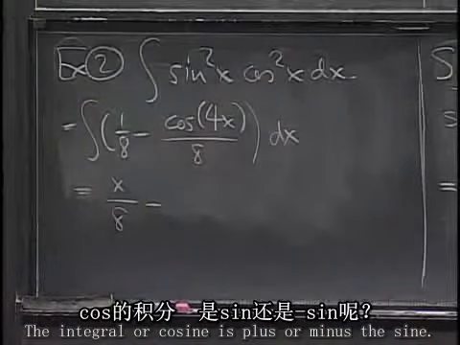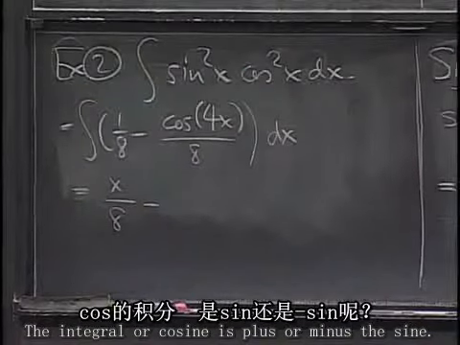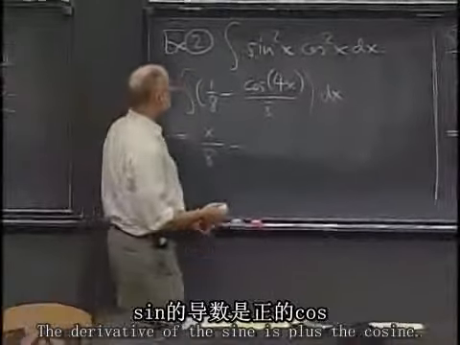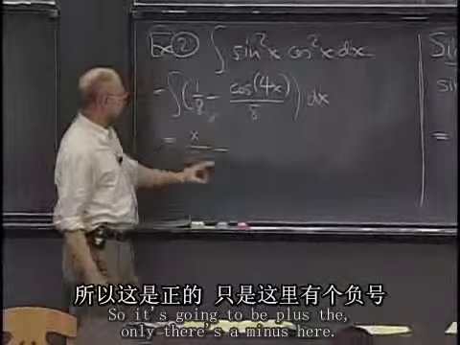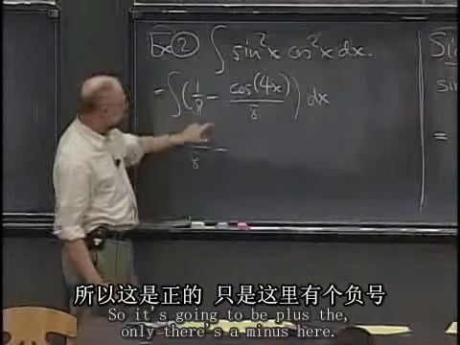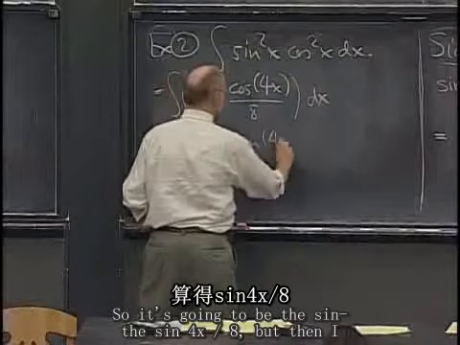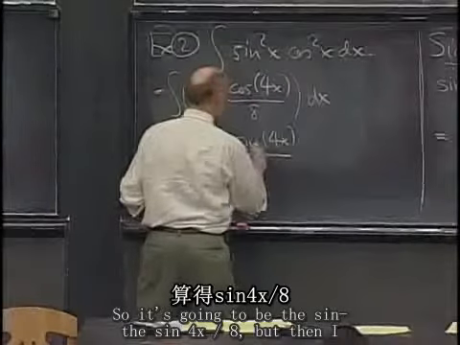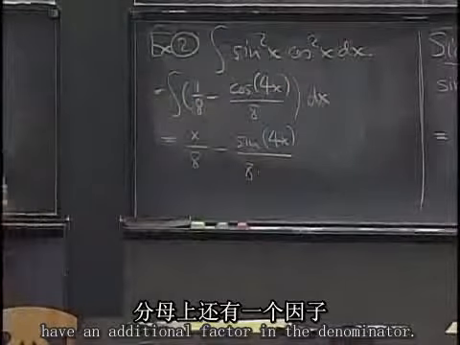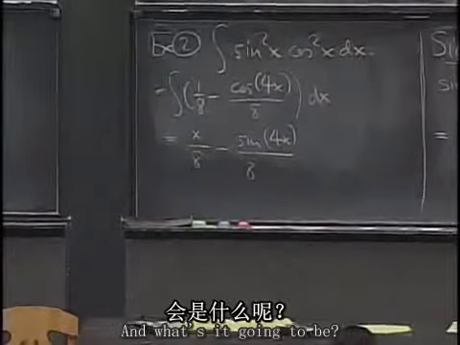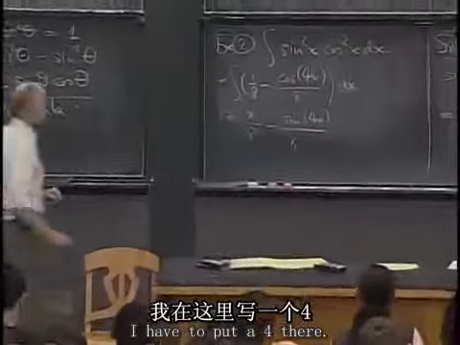The integral of cosine is plus or minus the sine. The derivative of the sine is plus the cosine. So it's going to be plus the, only there's a minus here. So it's going to be minus the sine of 4x divided by this 8. But then I have an additional factor in the denominator. And what's it going to be? I have to put a 4 there.